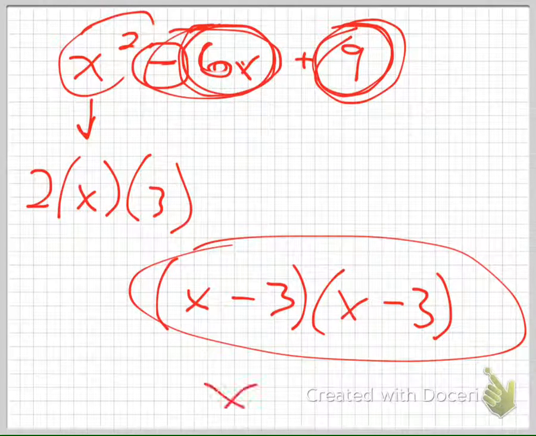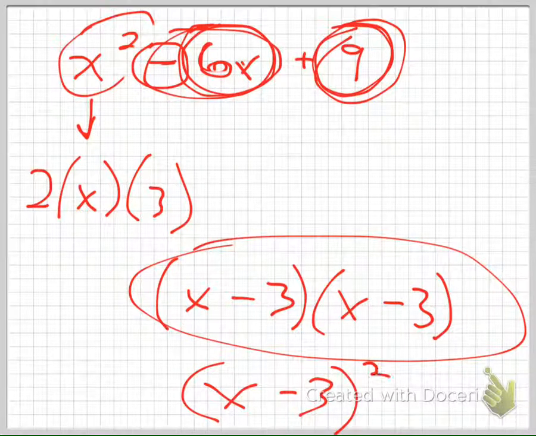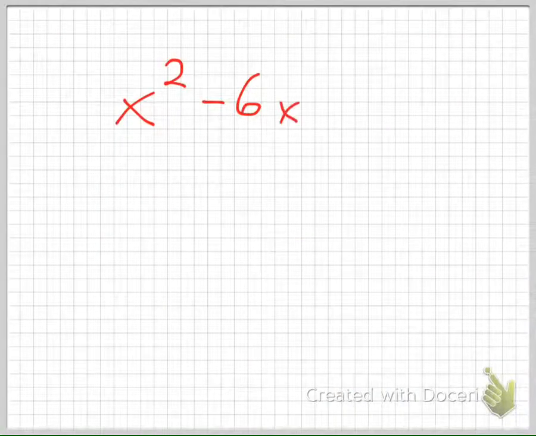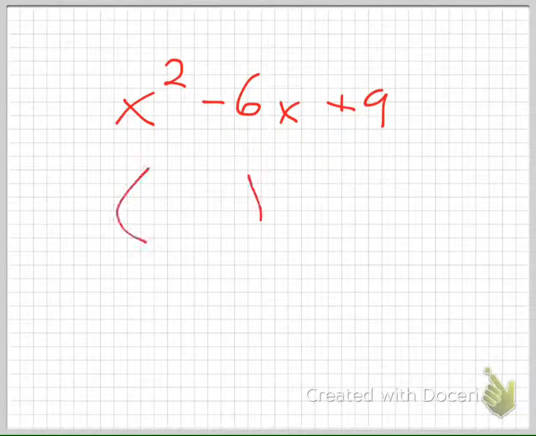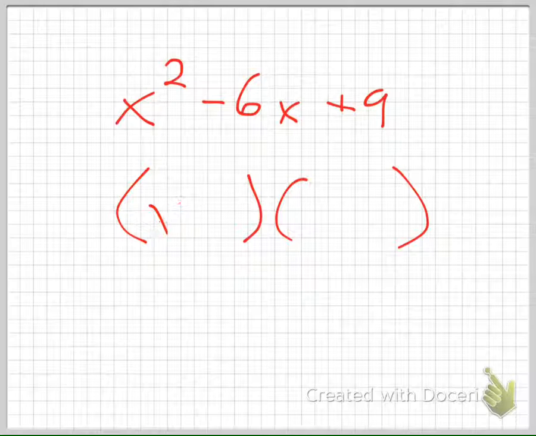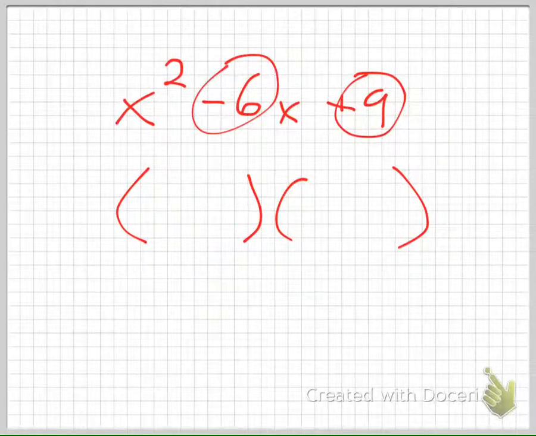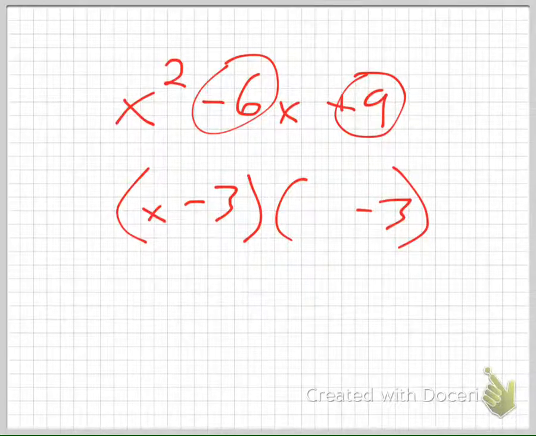That works. x minus 3 squared. Does that make sense? This one up here, the x squared minus 6x plus 9, was the first lesson in this chapter, where you just go, okay, what multiplies to 9 and adds to negative 6? Negative 3 and negative 3, right? Does that make sense? Okay.